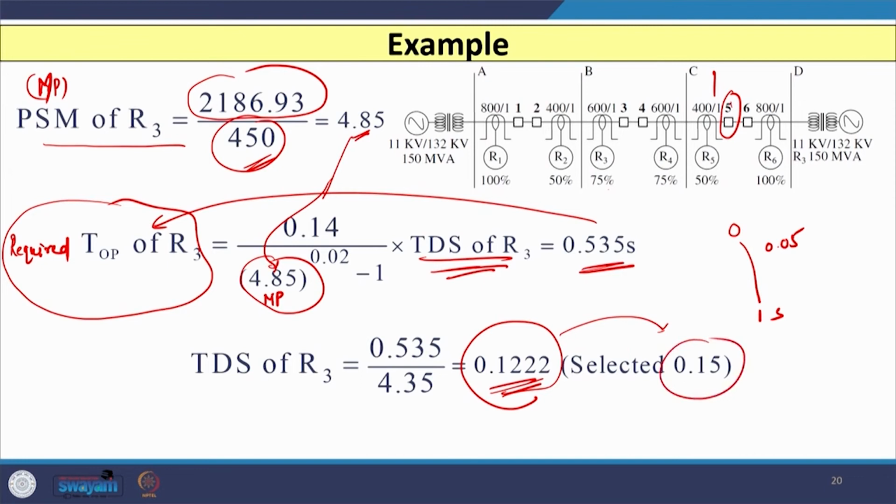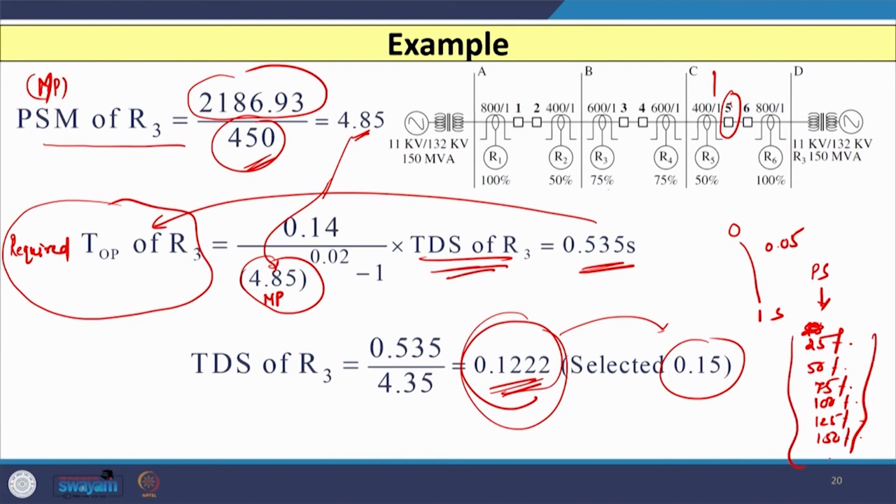Now, here the fundamental difference comes between electromechanical and static or digital relays. In digital relays, this limitation is not there. In an electromechanical relay, plug settings are given as, let us say, 25%, 50%, 75, 100, 125, 150, like this in steps of 25%, and TDS is given from 0 to 1 second in steps of 0.05.